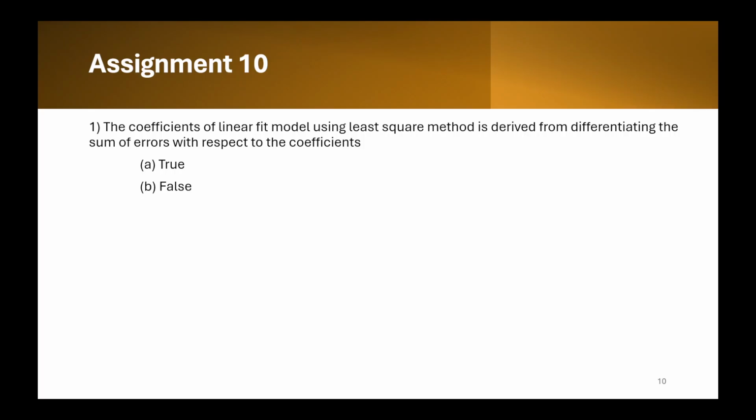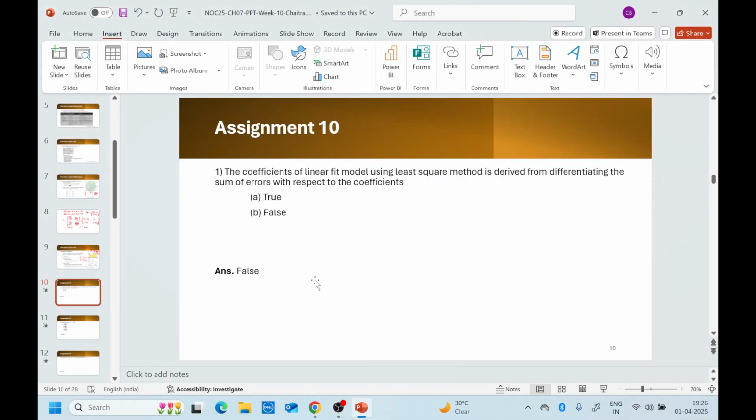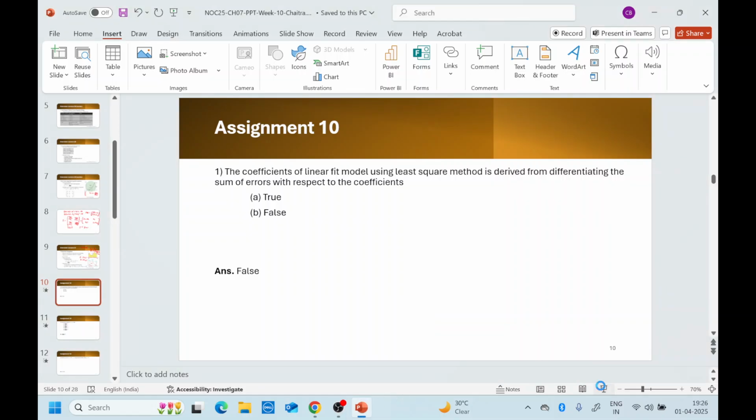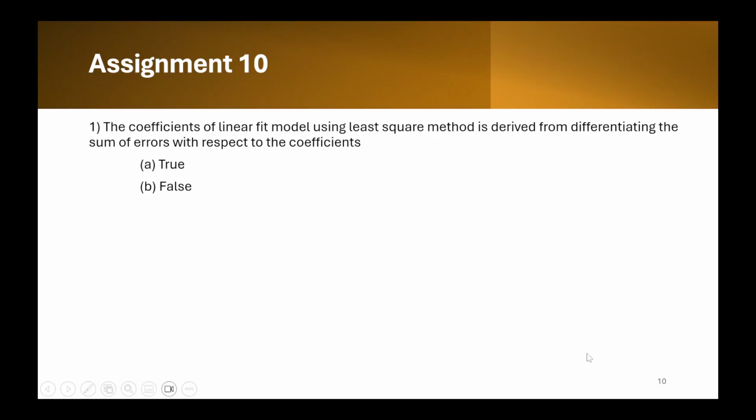So we start with the assignment questions related to your assignment. The first question: the coefficients of the linear fit model using the least squares method are derived from differentiating the sum of errors with respect to the coefficients.